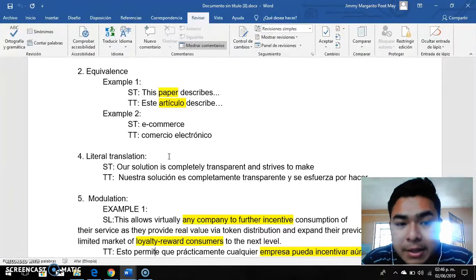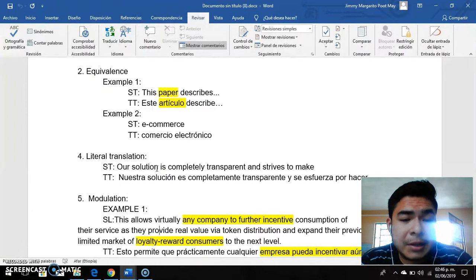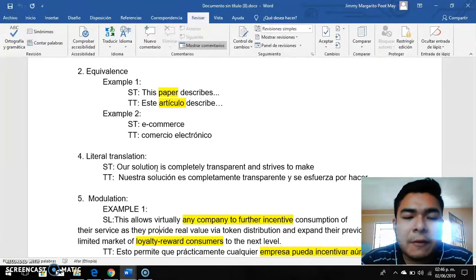examples about equivalence. On the other hand, literal translation was used during all the process because translating literally didn't affect the final product of this translation.